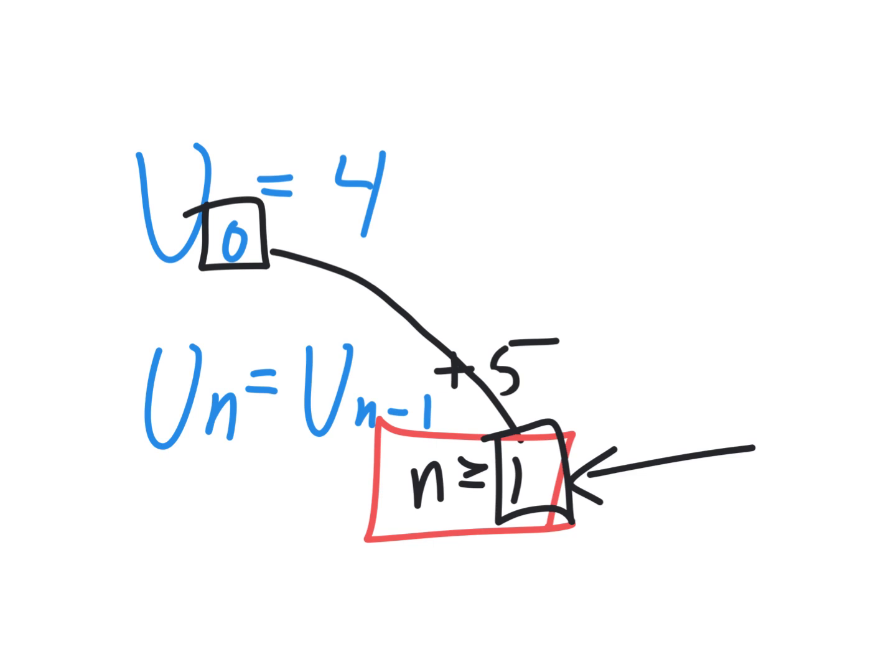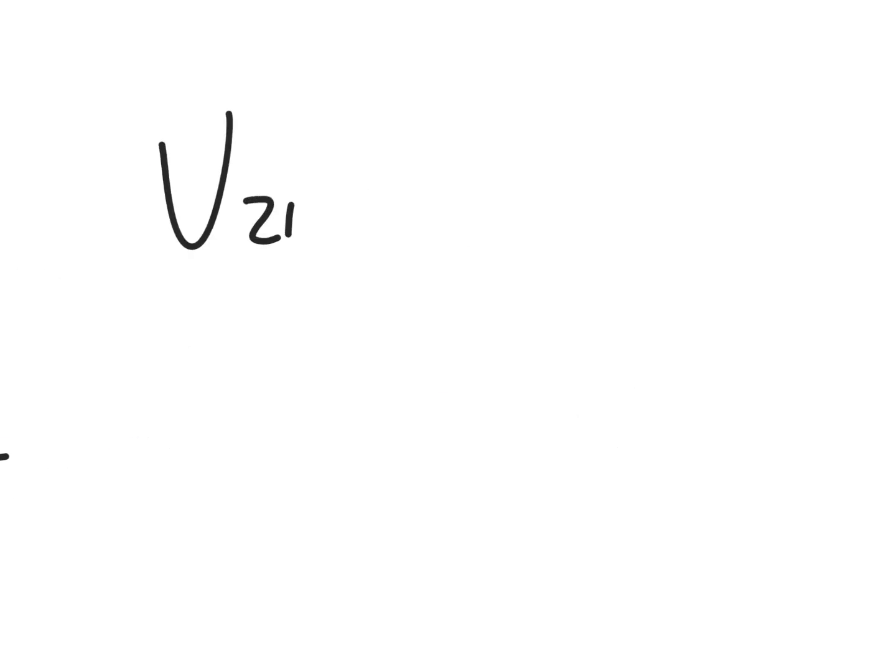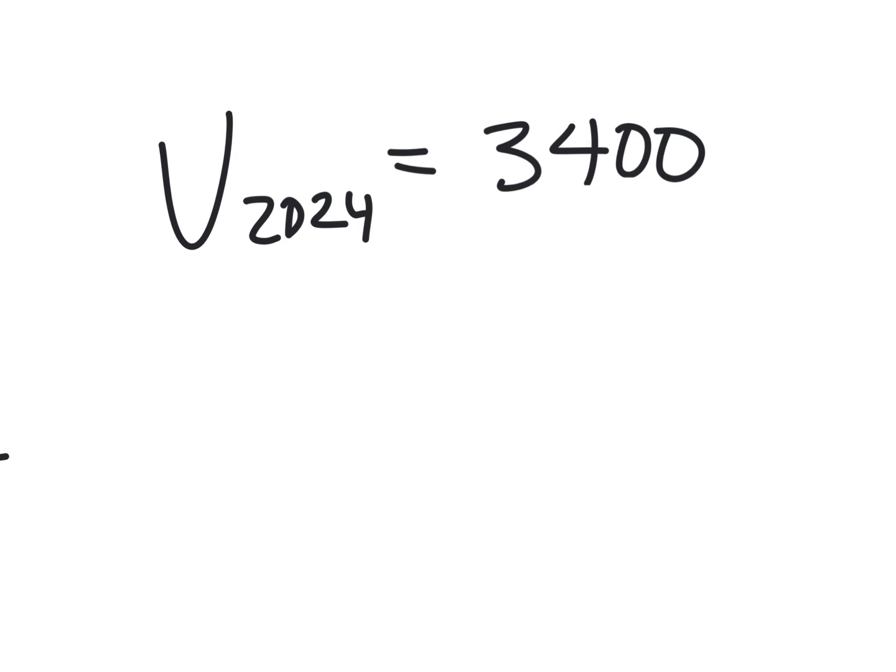In this case, the second term is u sub 1. Okay, so that's why this and this always have to be one bigger than each other. So on that one problem where I had u sub 2024, and I was saying that the school's population here is about 3,400, then at the end of the formula, the domain should have been n has to be greater than or equal to, do you remember the rule yet?